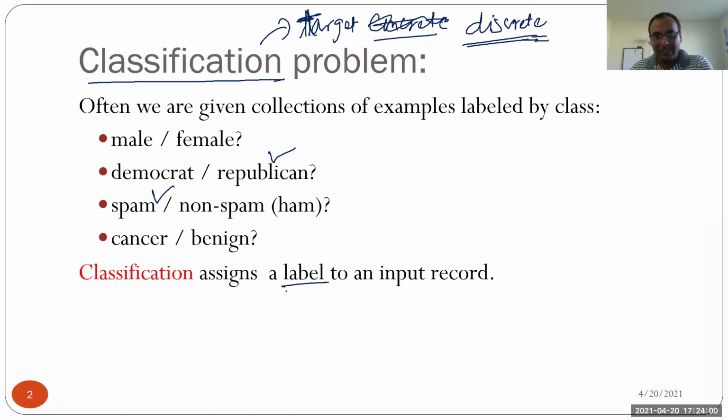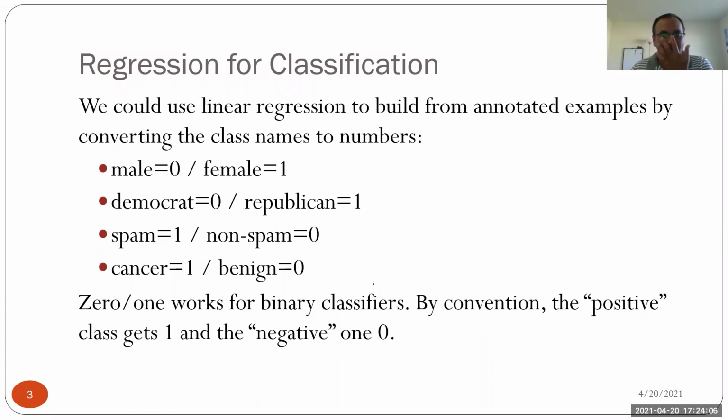So label is a term which applies to classification. Now, how should we go about it? We have learned this model called regression, so we would somehow try to fit whatever we have learned to this problem of classification.